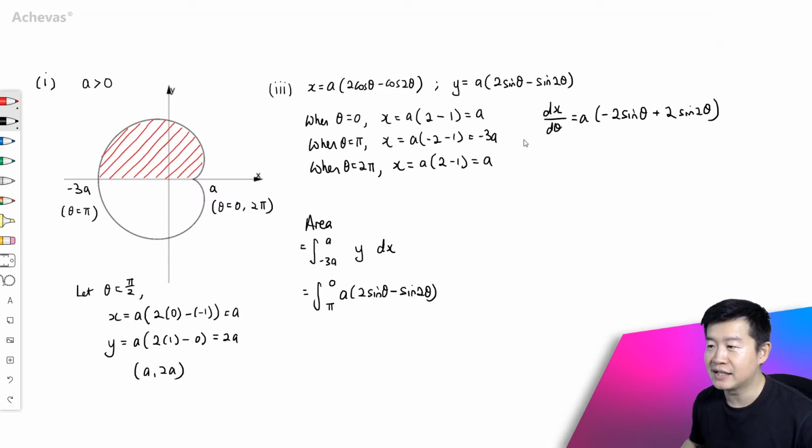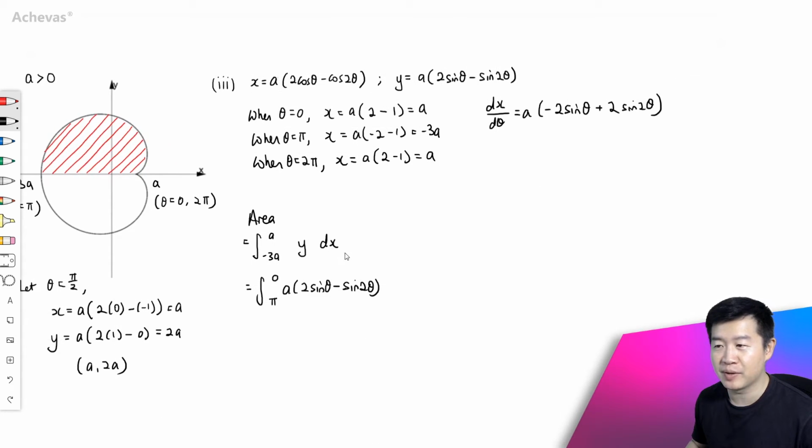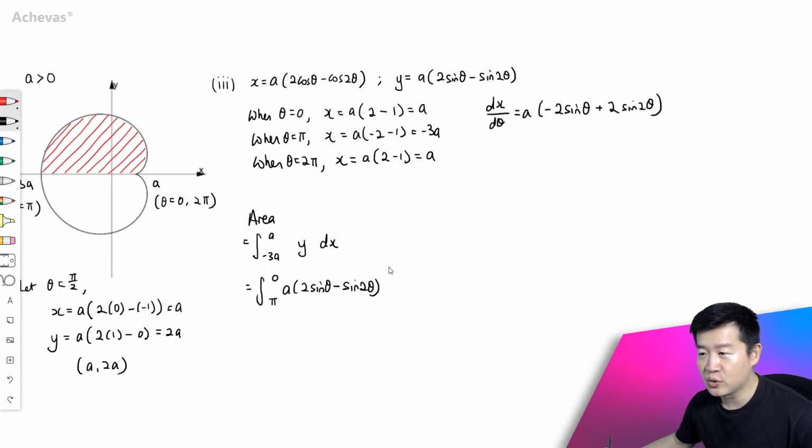So dx d theta, we are going to do a replacement. We'll make use of this to replace this dx here. So this will be a of minus 2 sine theta plus 2 sine 2 theta d theta.